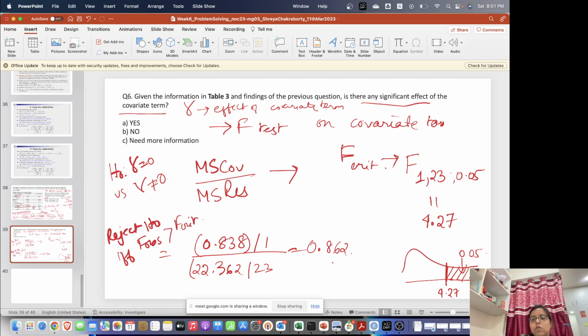Here we see this one is less than 4.27. Hence, we do not reject H naught and conclude, what do we conclude? Is there any significant effect of the covariate term? No, no significant effect of the covariate.